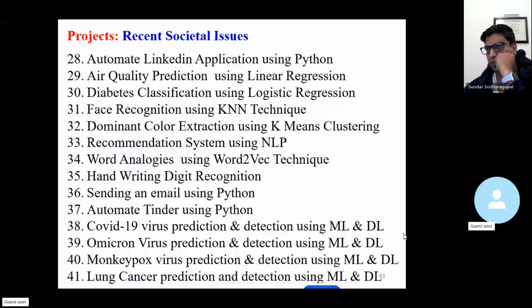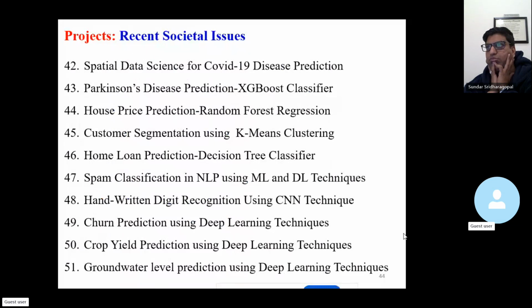Then dominant color extraction using k-means clustering, recommendation system using natural language processing, word analysis using the word2vec technique, handwritten digit recognition, sending an email using Python, automating a tender using Python, COVID-19 virus prediction and detection, Omicron virus prediction and detection, monkeypox virus prediction and detection, lung cancer prediction and detection, then spatial data science for COVID-19 disease prediction, Parkinson's disease prediction, XGBoost is a framework classifier we can use.